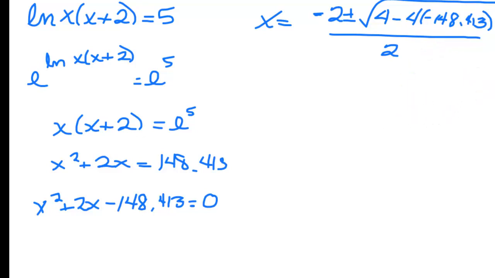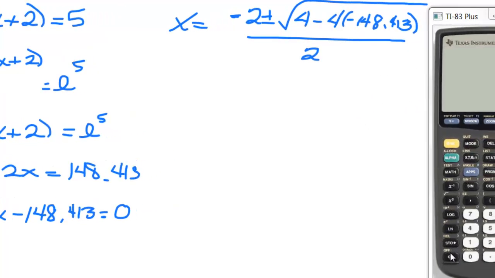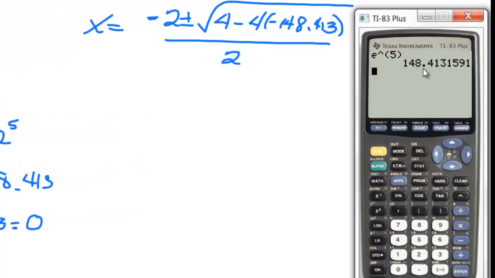So let me teach you a couple of calculator skills here. So we have our number, and we're going to take that times a negative 4. So if it's a negative 148 times a negative 4, we'll get a positive number here. And we're going to take 4 minus that answer.